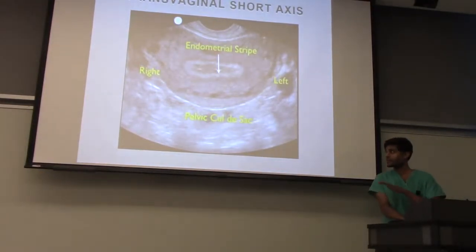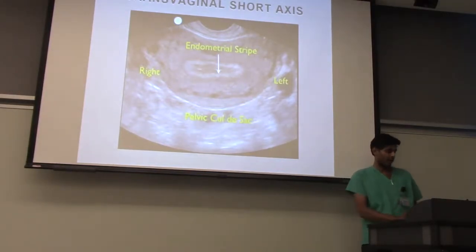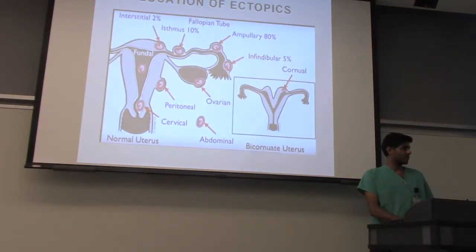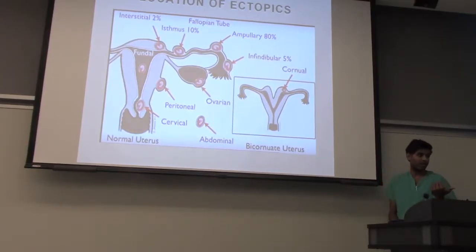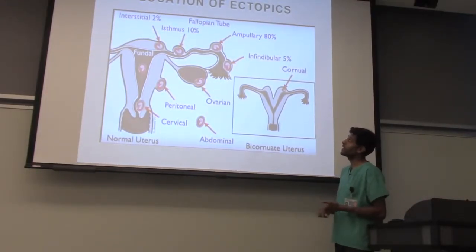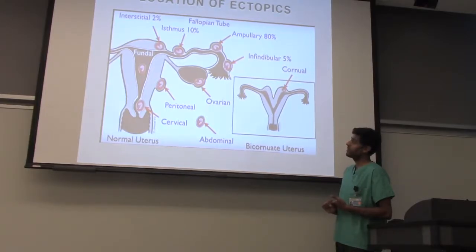You have to advance to scanning the entire pelvis, including both adnexa, and making sure that you cannot identify an extrauterine pregnancy. So this is just kind of where you should be looking. When you have an empty uterus, you really want to thoroughly scan through the adnexa, the fallopian tube, identify the uterine wall, and look for signs of an interstitial or heterotopic pregnancy, and scan through the entire uterus.